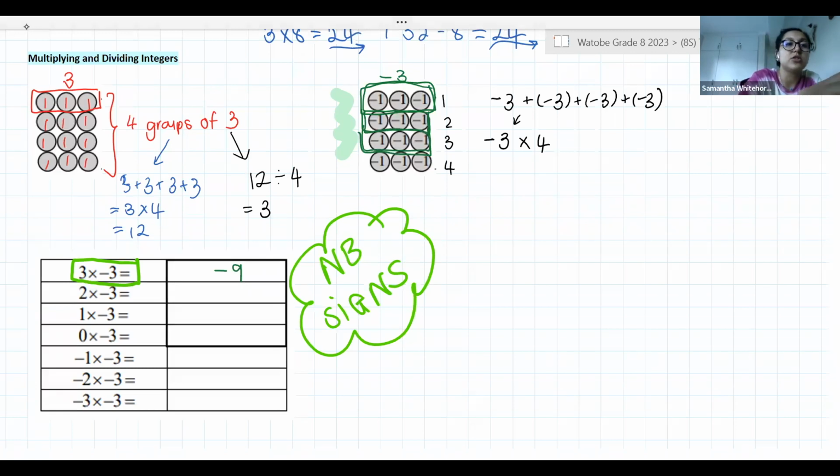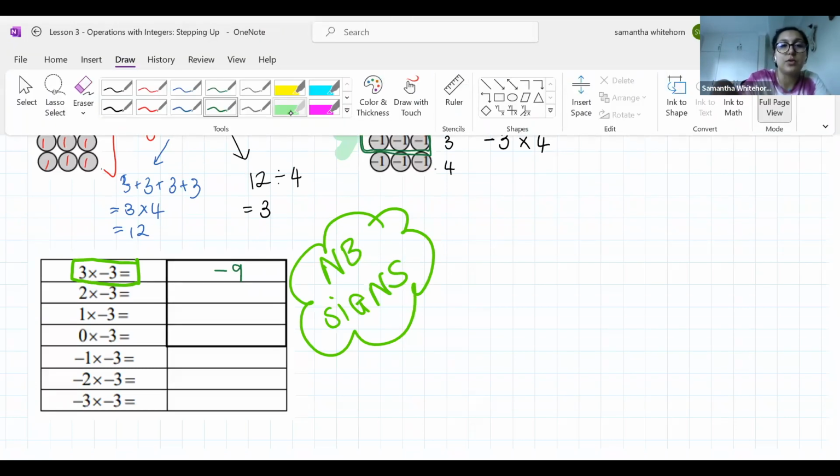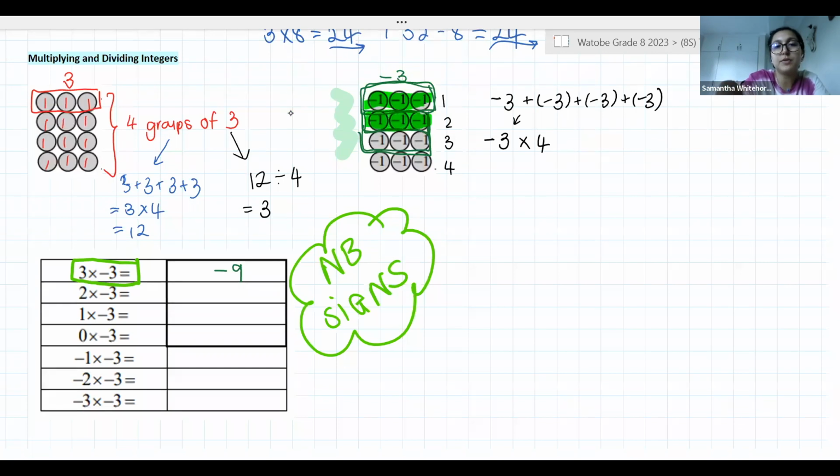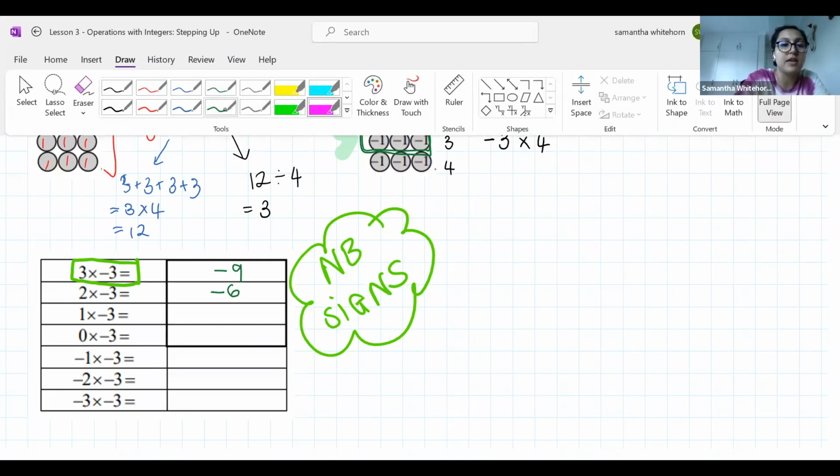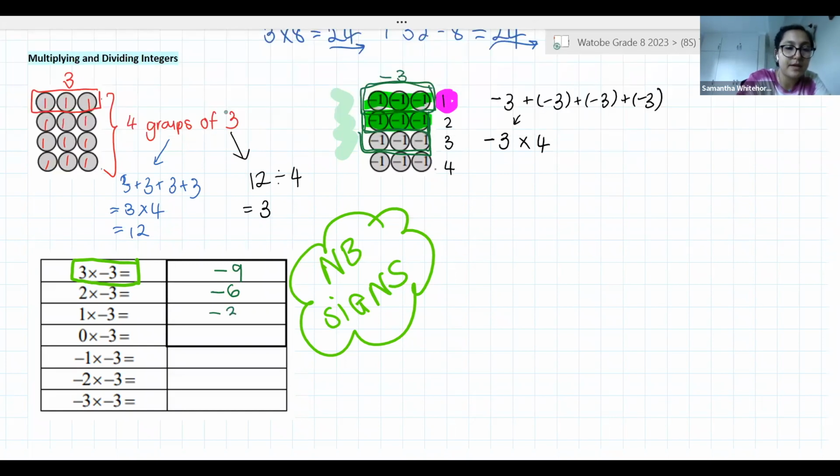If I then only considered 2 groups, so 1, 2 groups, and I added up how many negative 1s I have, I would now have negative 6. And if I then considered only 1 group of negative 3, I would have a value of negative 3.